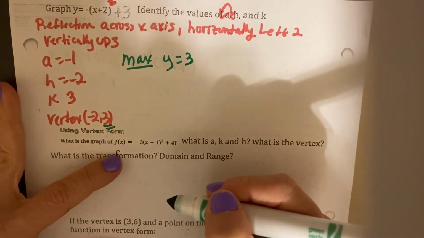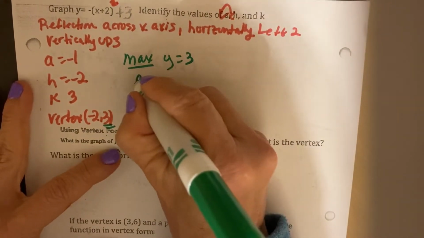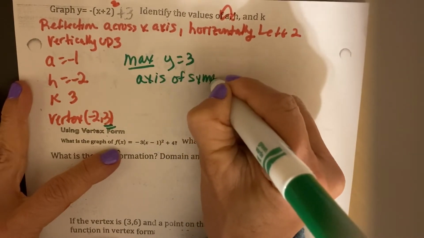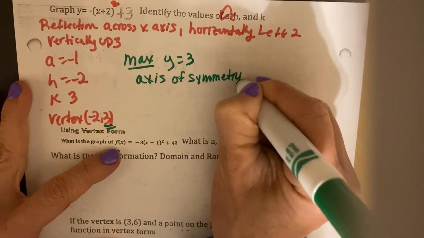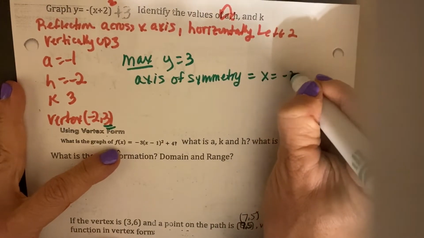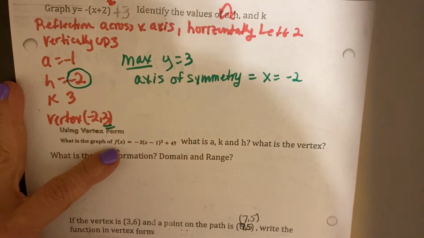Y equals 3. We know the axis of symmetry. And so our axis of symmetry is going to be x is equal to -2, and that came from that value right there.